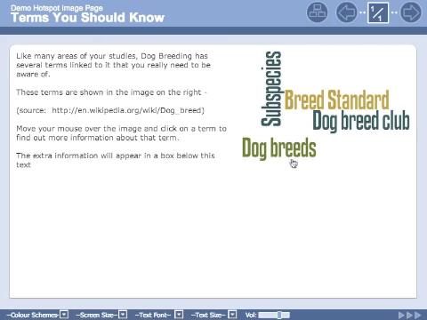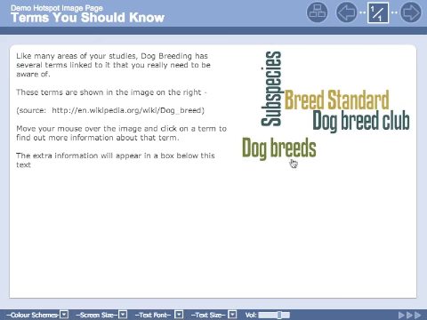So if I click on, say, dog breeds, I'll end up with some information about dog breeds, and if I click on subspecies, I get information about subspecies. So each of these four terms has a bit more information on. So there's actually quite a lot of textual information being presented on this page in a fairly simple way.